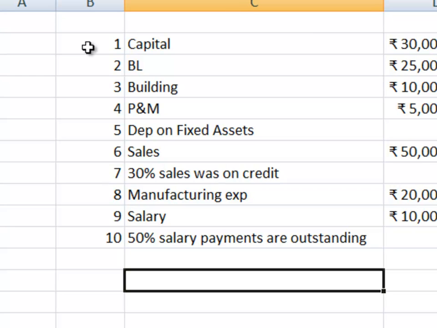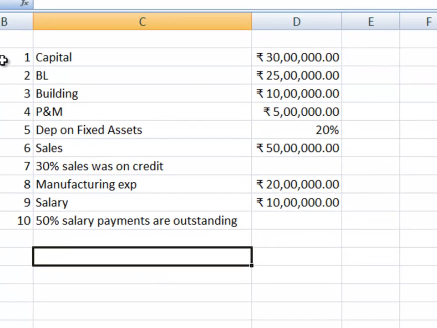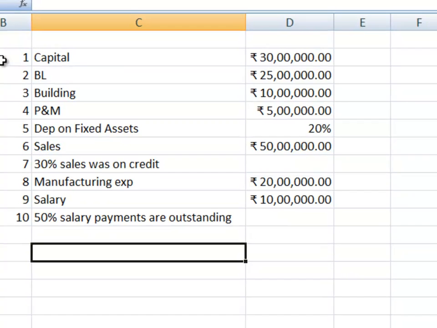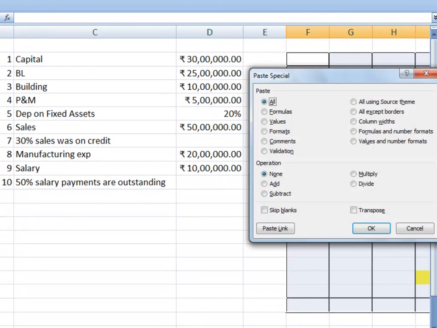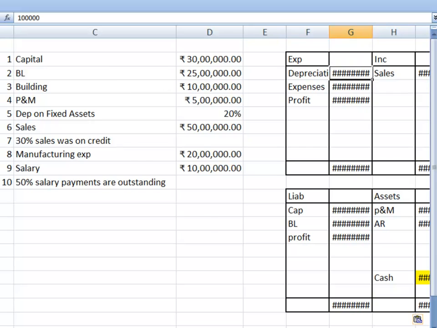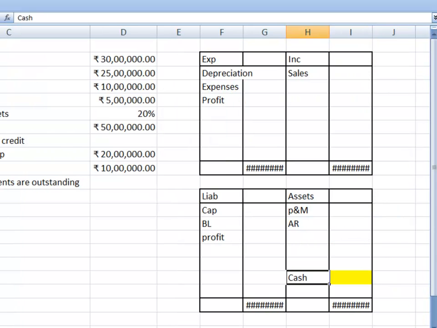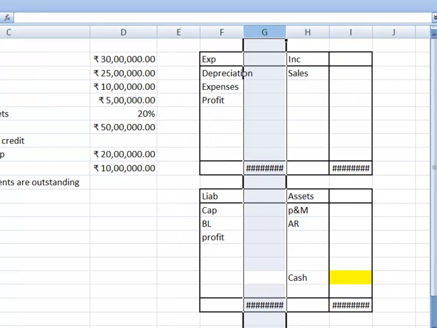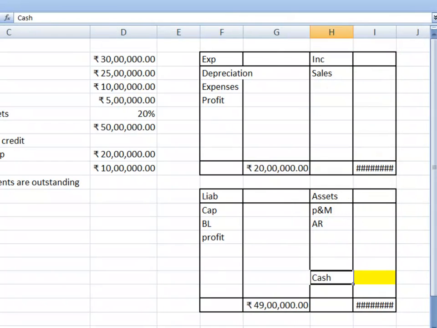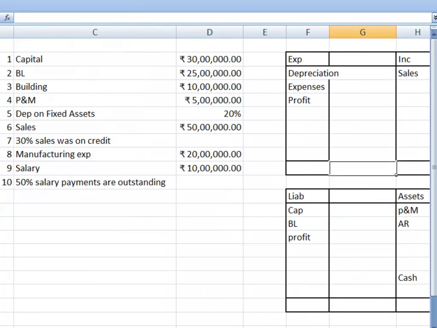Prepare profit and loss account, balance sheet and cash flow statement. Amount is 30 lakhs.